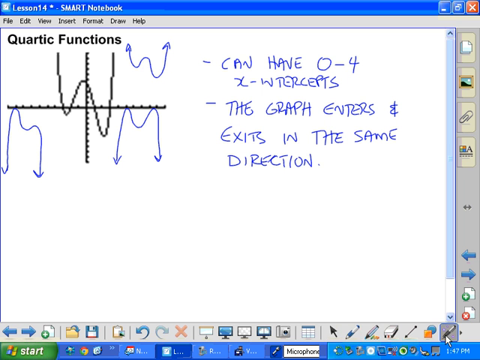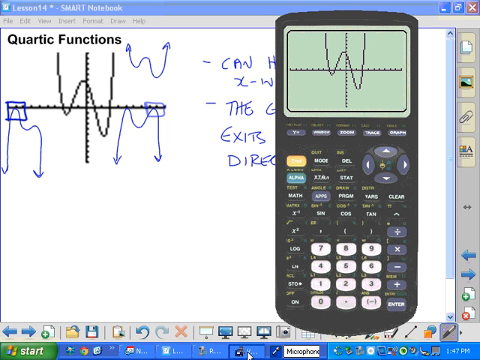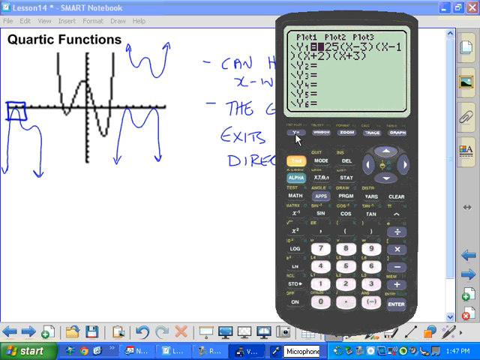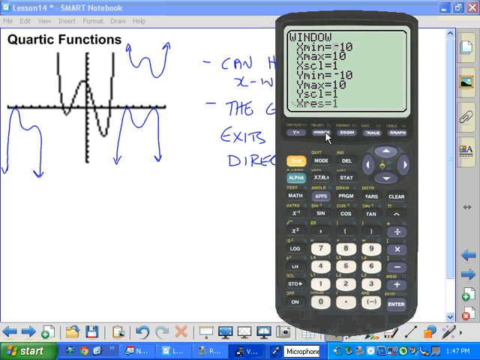Now, if I was to zoom in, does it bring a new shape to how it crosses the x-axis? So you're saying, well, the other one, you had to go back and just do a base graph. So let's quickly look at that. Let's clear this one. Let's go x to the 4th. All right, I'm going to change the window. So we're zoomed in to see what it does at the x-axis.